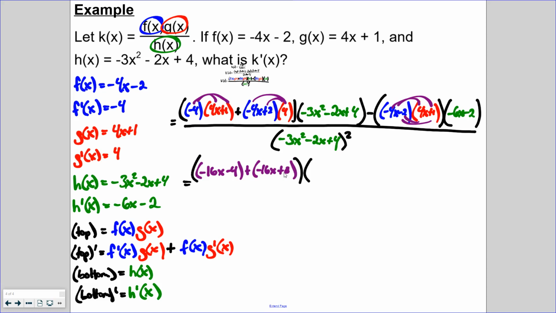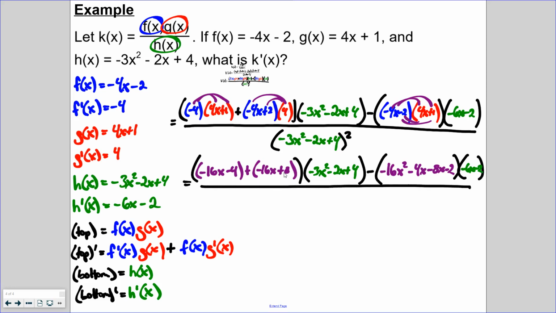And that is still times negative 3x squared minus 2x plus 4, minus, now let's see, that's going to give us negative 16x squared minus 4x minus 8x minus 2. And that's all times negative 6x minus 2. And then that is all over the denominator, which is negative 3x squared minus 2x plus 4 squared.